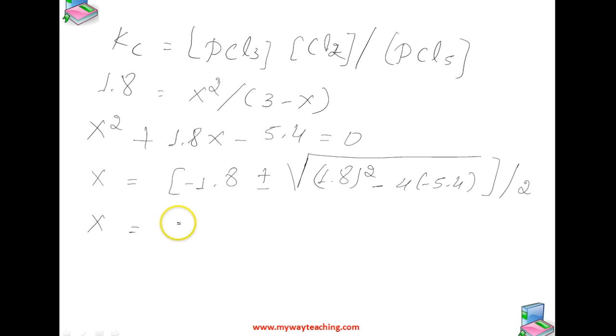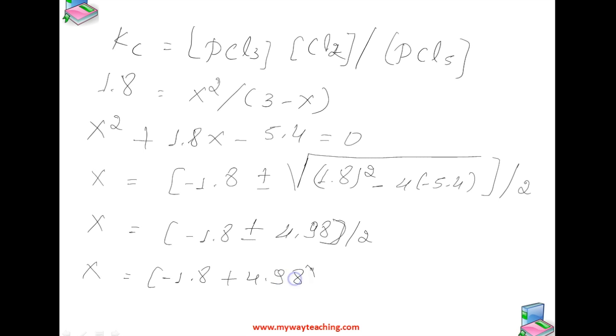After this calculation, x is equal to minus 1.8 plus or minus 4.98 divided by 2, and x is equal to minus 1.8 plus 4.98 divided by 2, which is equal to 1.59. And PCl5 is equal to 3.0 minus x, equal to 3 minus 1.59.